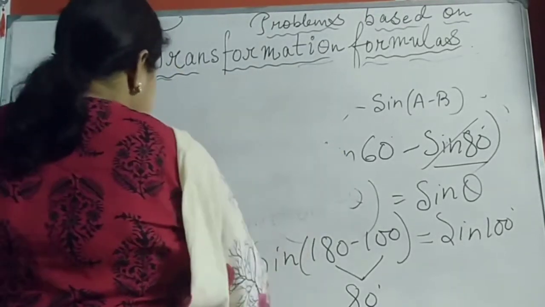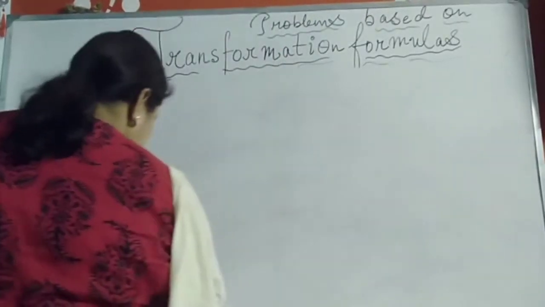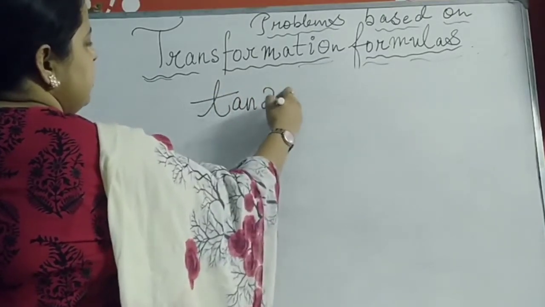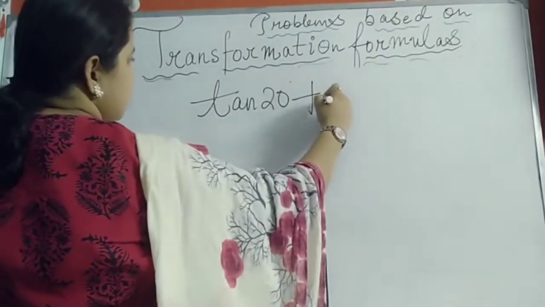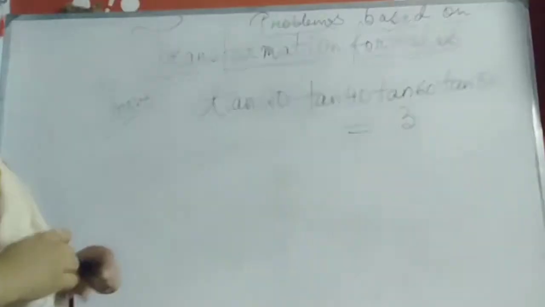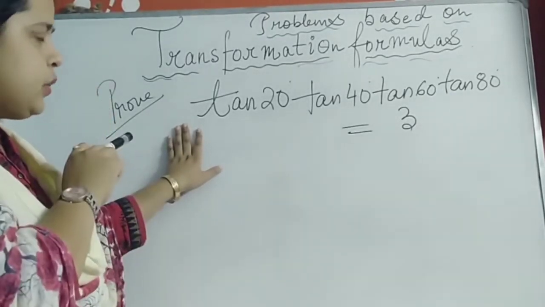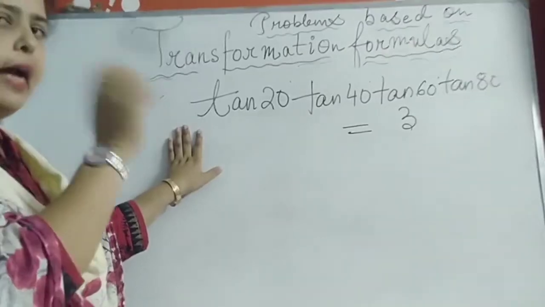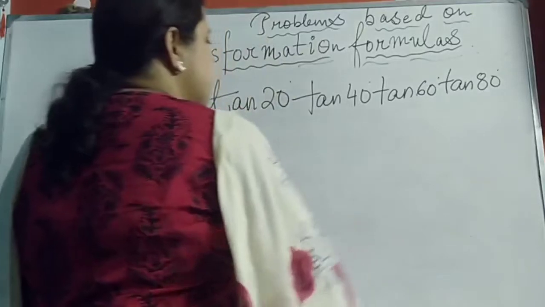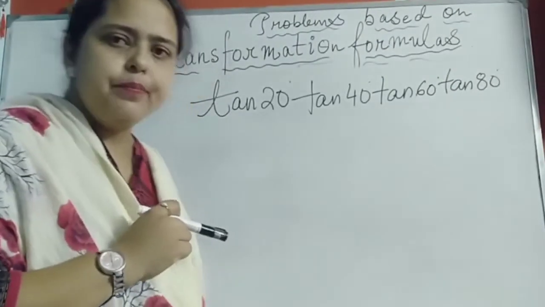Here, similar to this type, what happens if you are going to get tan 20, tan 40. So prove tan 20, tan 40, tan 60, tan 80 as 3, or it may even be asked as evaluate or reduce it to a real number.